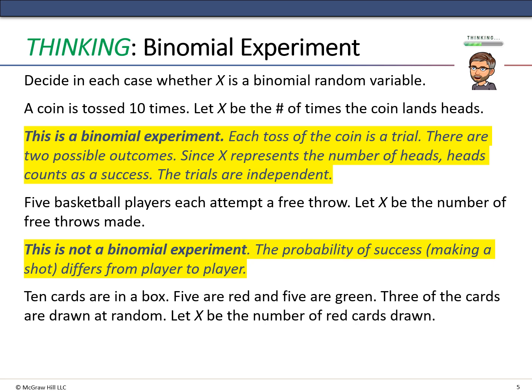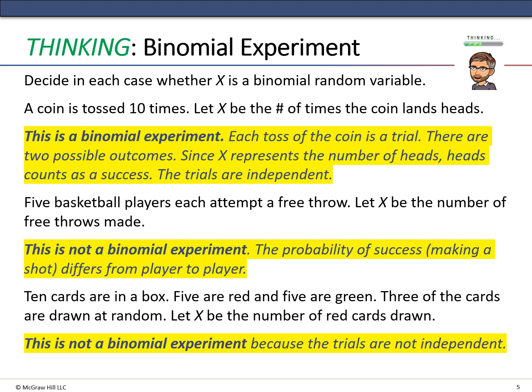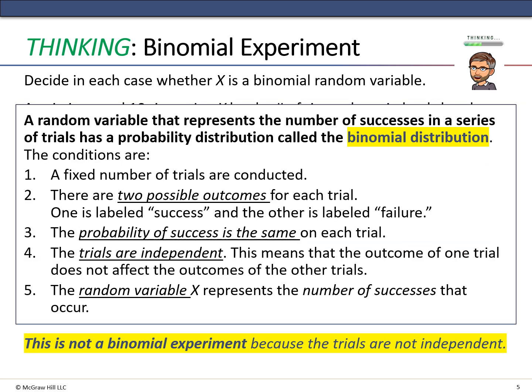So it's not an equal playing field, so to speak. 10 cards are in a box. 5 are red and 5 are green. 3 of the cards are drawn at random. Let x be the number of red cards drawn. This is not a binomial experiment because the trials are not independent. As soon as you pull a card out, notice that you have fewer cards in the box, and so the probabilities will shift as well.